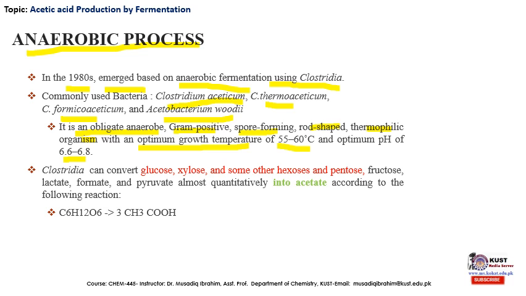Now, the Clostridia genus of bacteria can convert glucose, xylose, and some other hexoses and pentoses, along with fructose, lactate, formate, and pyruvate, almost quantitatively into acetate according to the following reactions. Here you can see that you have a hexose which is being converted into 3 molecules of acetic acid.